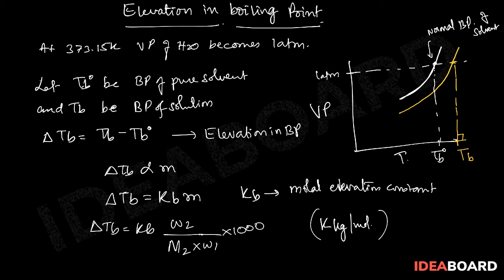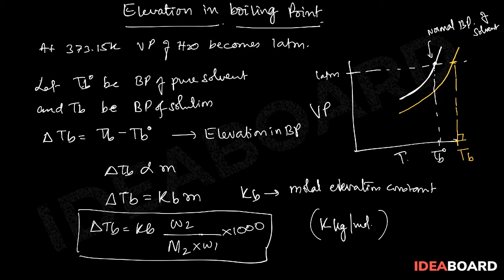So this formula will give me the molar mass of the solute if I know the weight of solute and solvent added to the solution. So in this way, elevation in boiling point can also be utilized to calculate the molar mass of the solute, and also we can find out the other quantities. In case molar mass is given, elevation in boiling point can also be calculated.